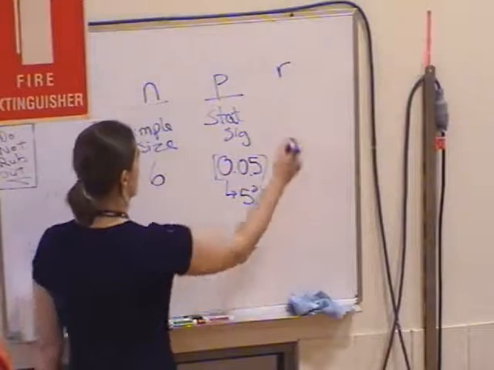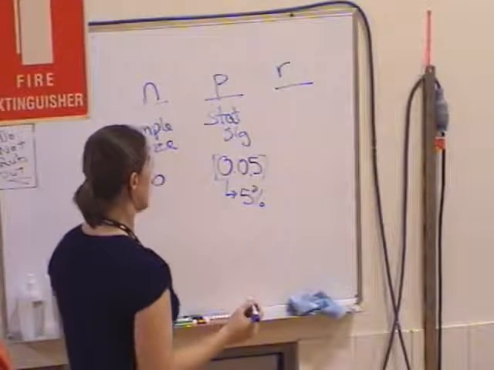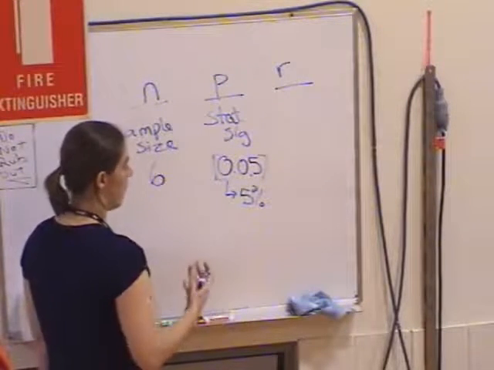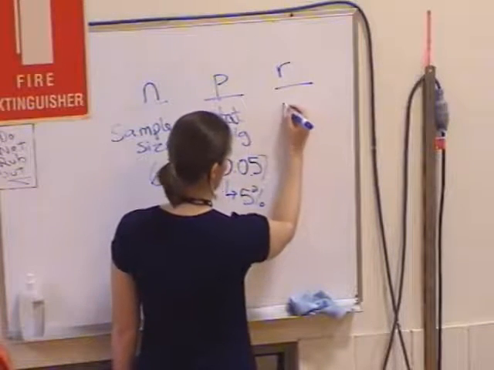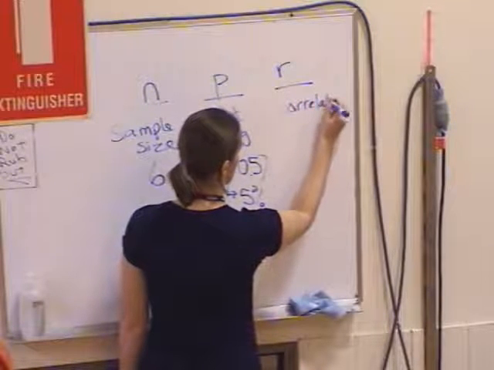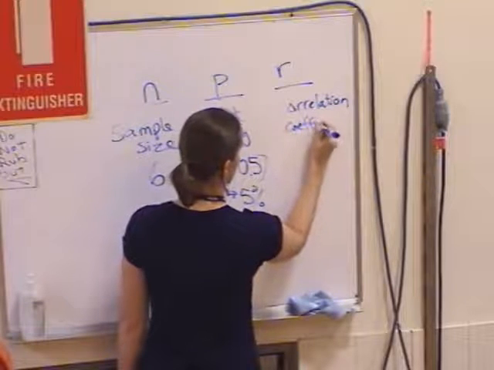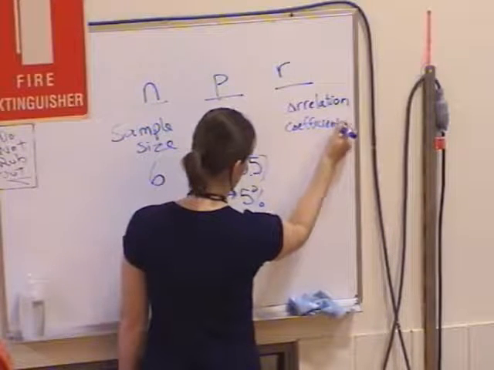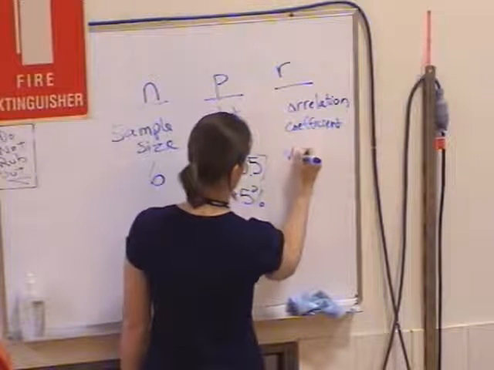And so then your R value. Your R value is often called a correlation coefficient, but it really tells you how much variance is explained.